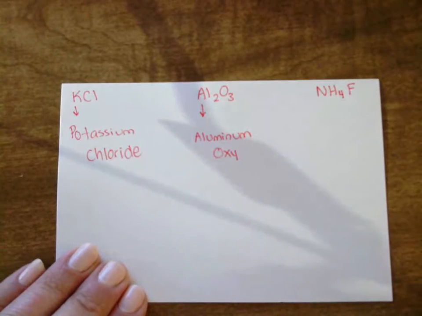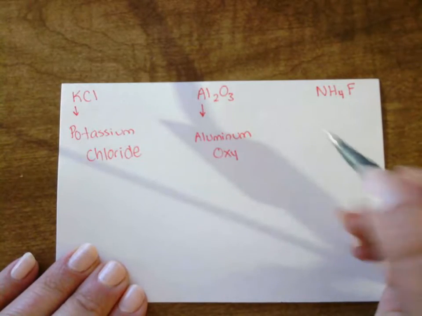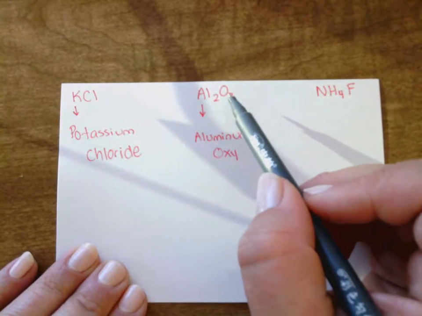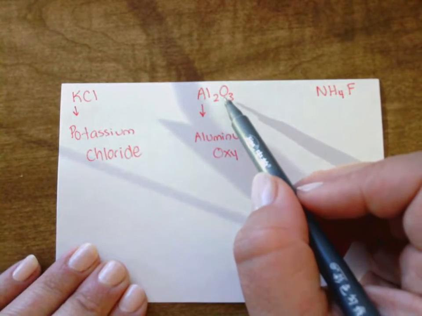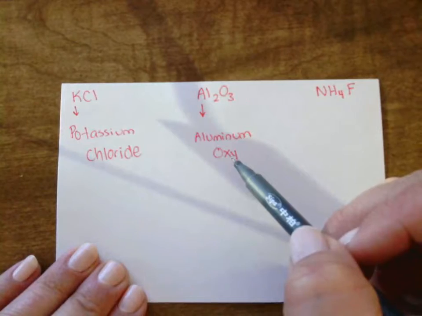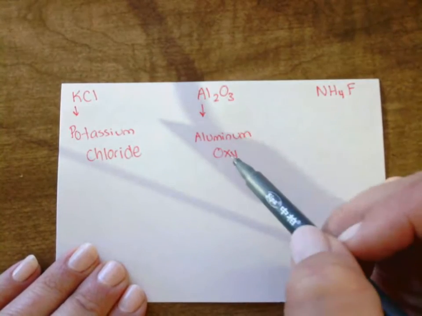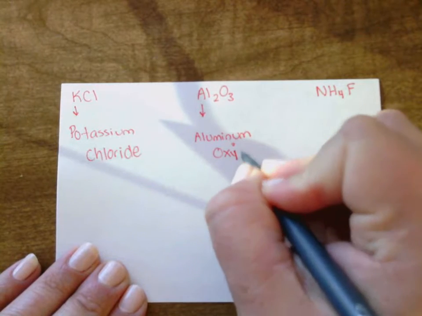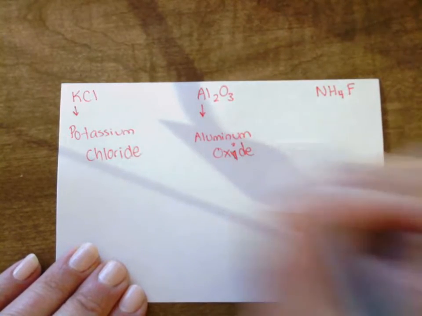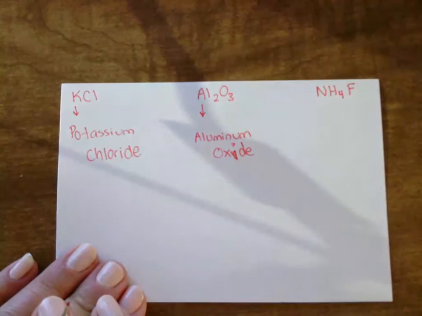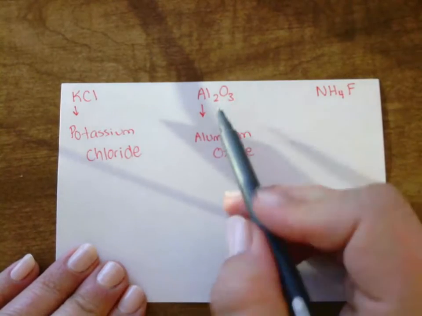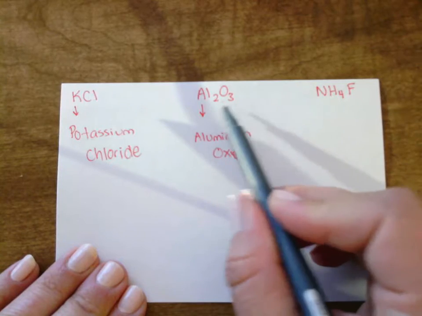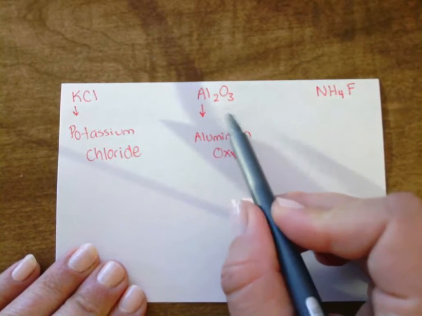But instead, because it's a single atom and it's written second, it's my anion, I'm going to change that from being oxygen to being oxide. So it would actually be O-X-I-D-E, oxide. Notice nowhere in here did I put a 2 or a 3 to represent these numbers down here. Okay?